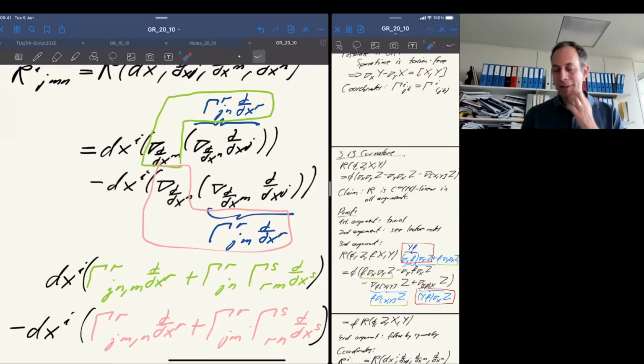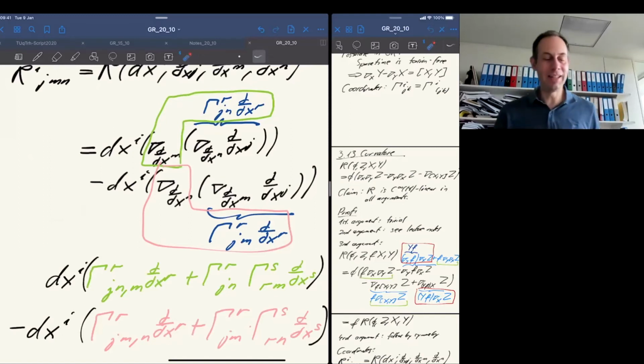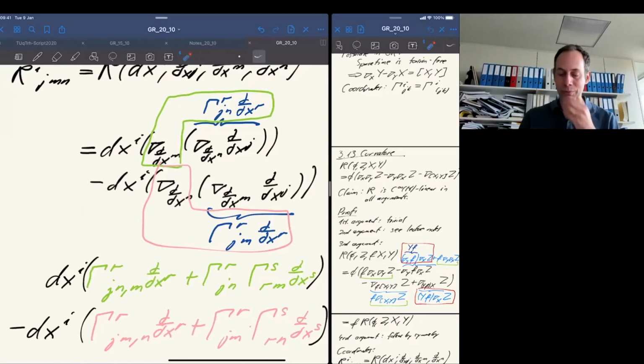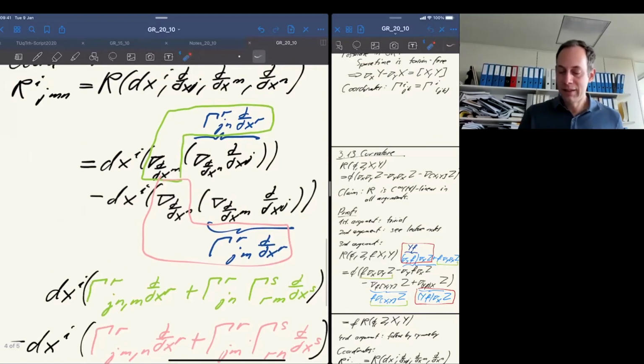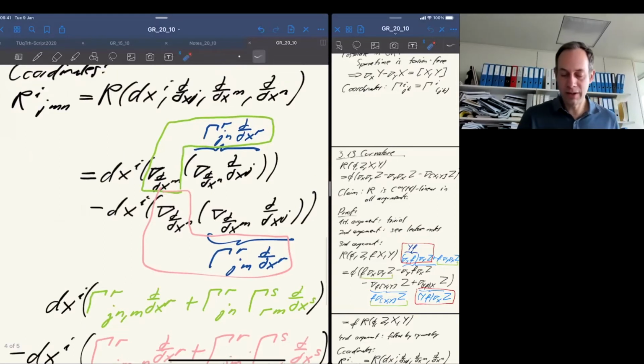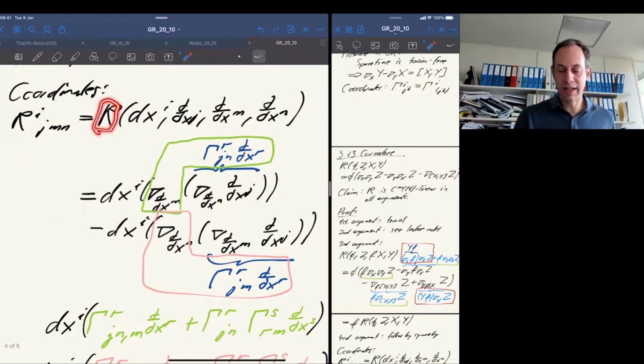That's a good question, and there is notation one has to get used to. The gamma with R, J and N is really a scalar because it's really the component. It's like R, which is actually a tensor, so if I take the derivative of R, I couldn't do it in that simple way.